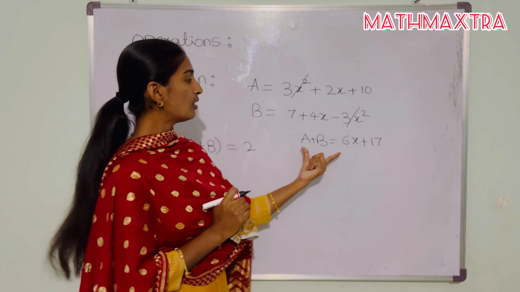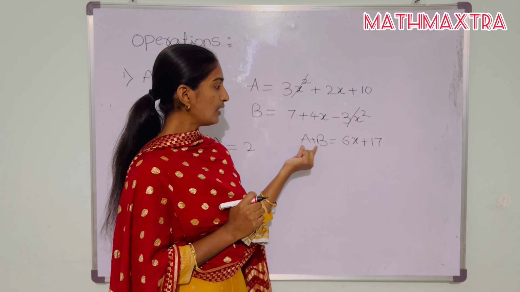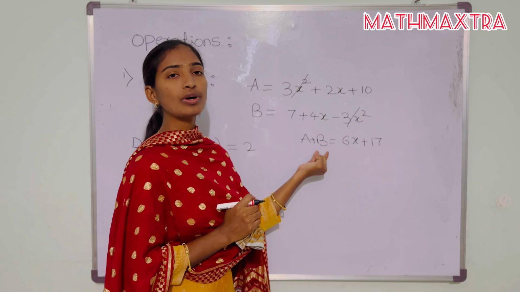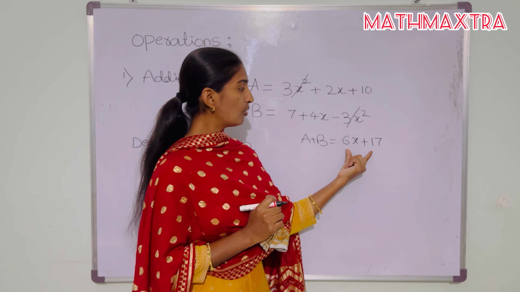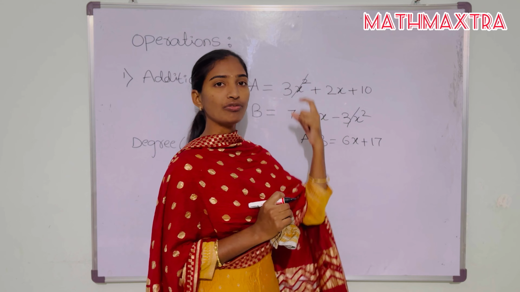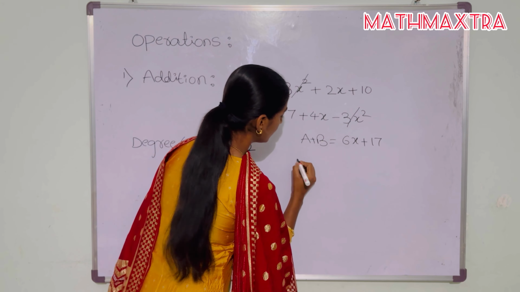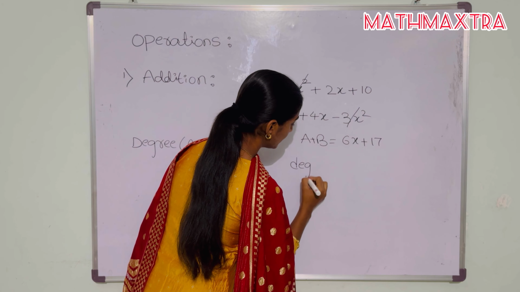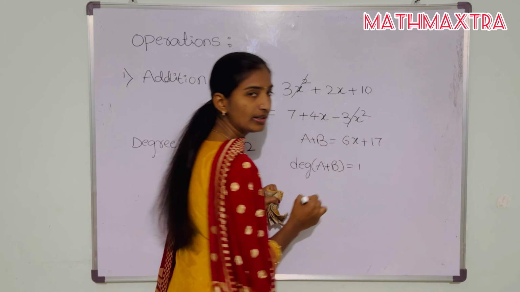Now tell me, what is the degree of this expression? Even if you consider two algebraic expressions of the same degree, we got an expression whose degree is less than the individual degrees. Yes. So what is the degree of A plus B here? Degree of A plus B is equal to 1.